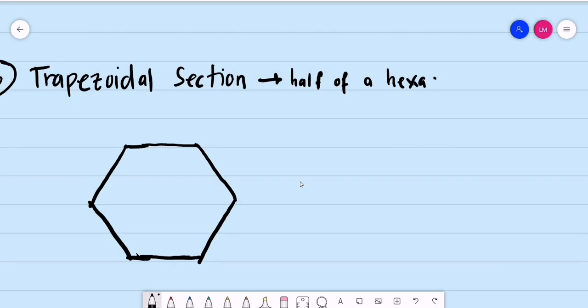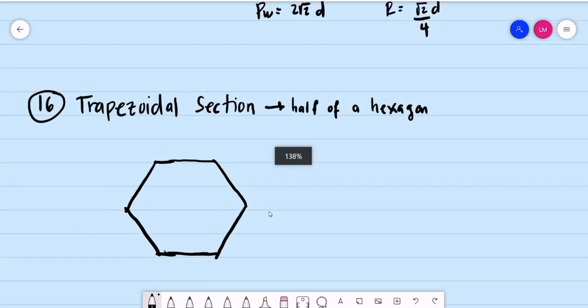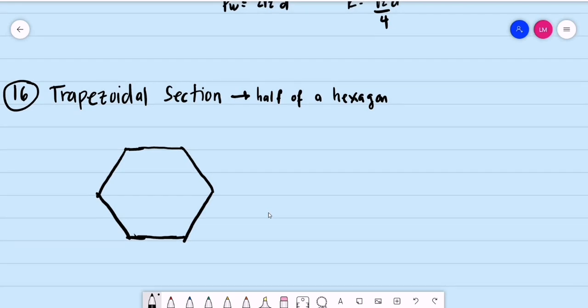Half of a regular hexagon will give us the dimension for the most efficient trapezoidal section. So from this hexagon, we are just considering again the half of this shape. Okay, that will give us the most efficient trapezoidal section. Then we can erase the upper portion.